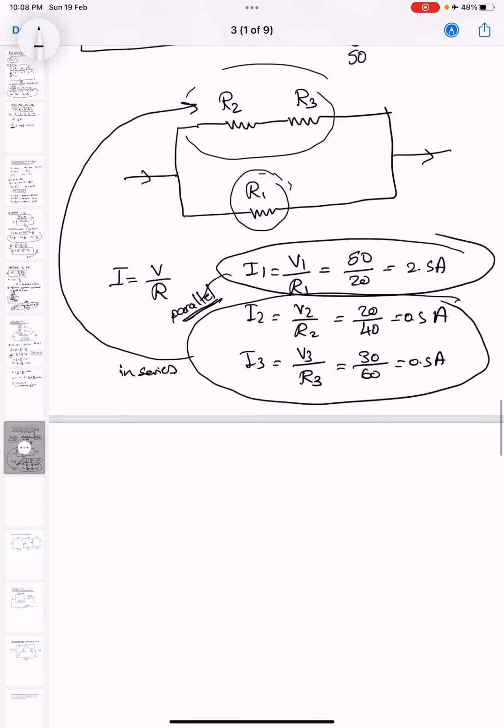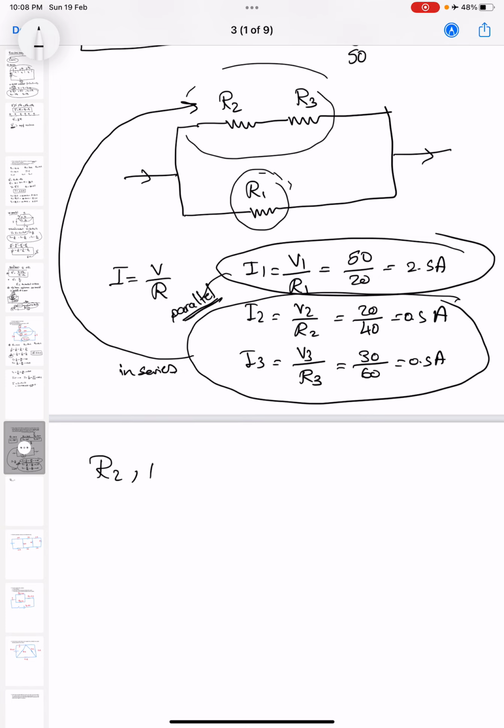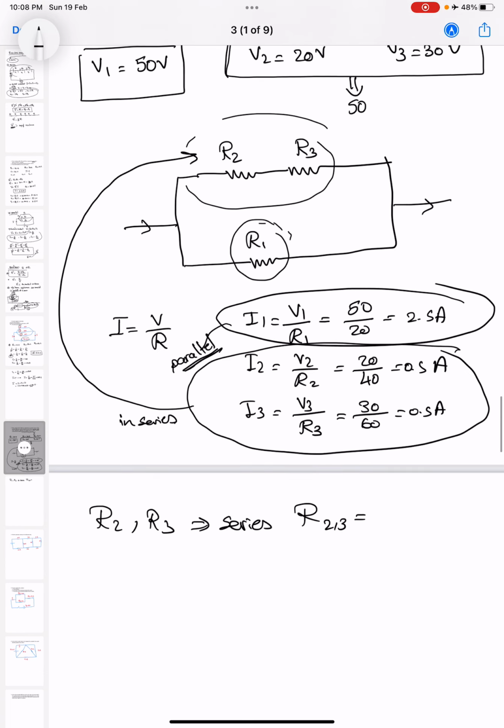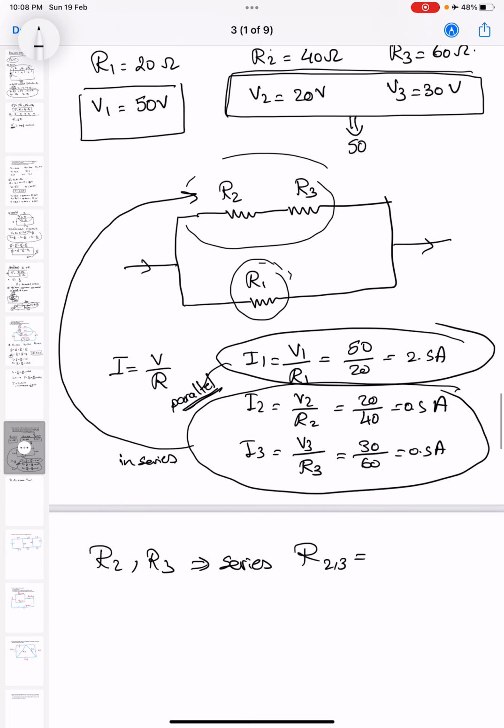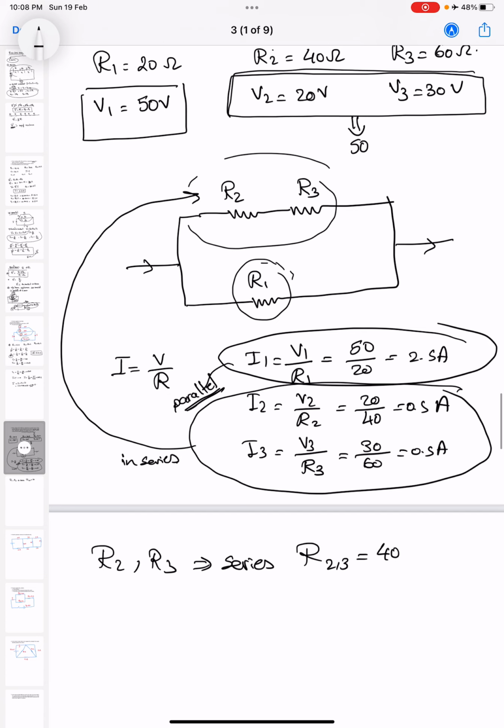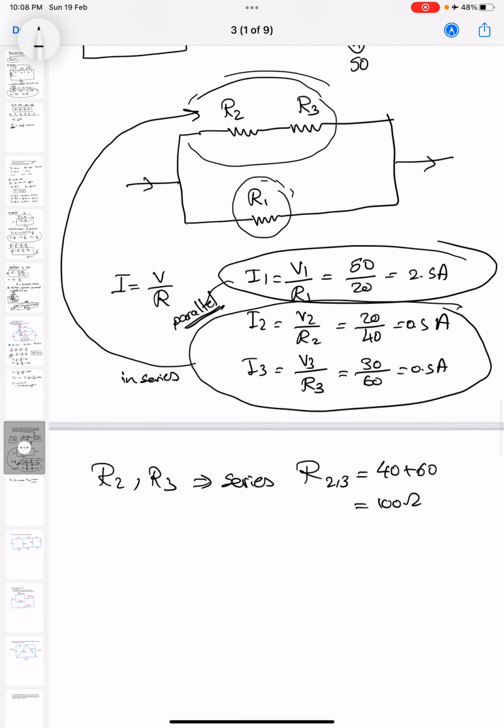We want now to calculate the total resistance. Both R2 and R3 are in series. So R total 2,3 equals the summation of them, 40 plus 60 equals 100 ohm. Okay. And these resistances are in parallel with R1.